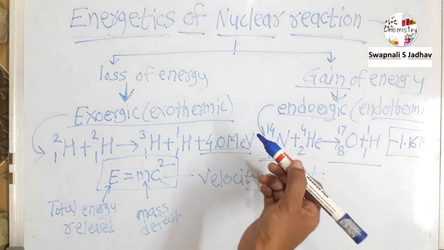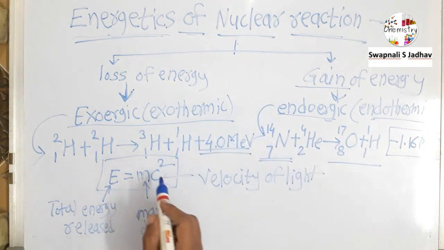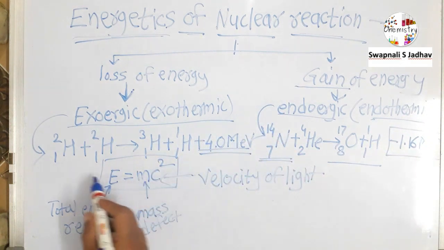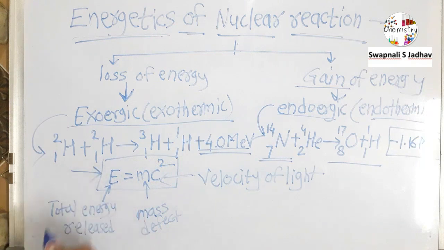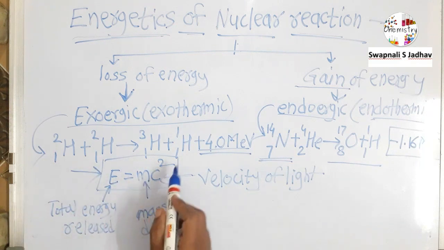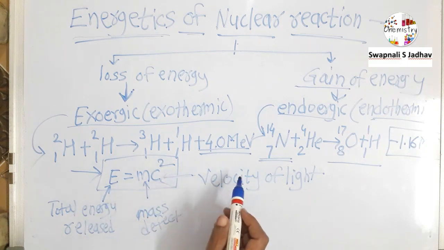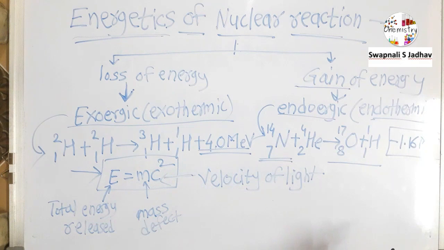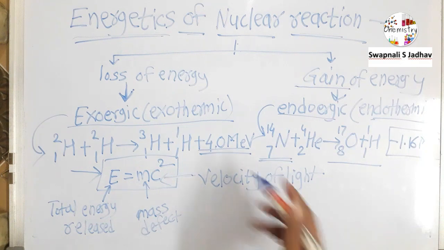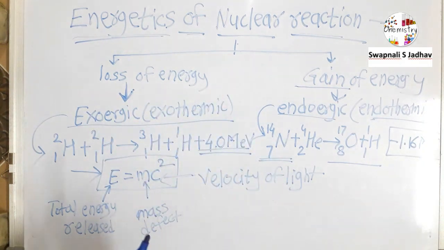The amount of change in energy is enormous, which is calculated by the famous Einstein equation, E is equal to mc square, where E is the total energy released, m is the mass defect, and c is the velocity of light. Okay, I hope you understand the energetics of nuclear reaction.